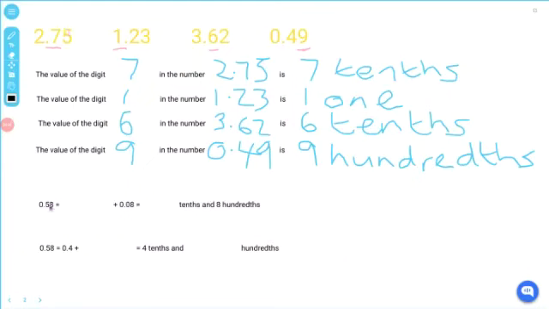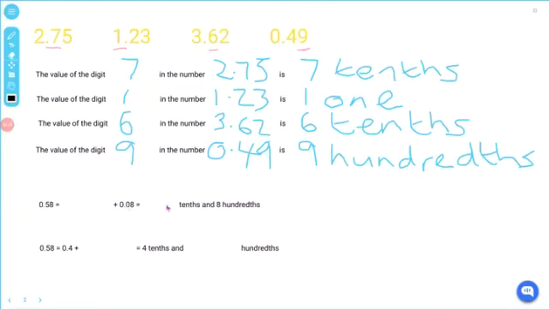So here, we also have some missing numbers that we have to fill in. And here we are going to partition this decimal number, which is what? That's right, 0.58. So we need to find the missing numbers. What we can see is we have a missing number, then plus 0.08.